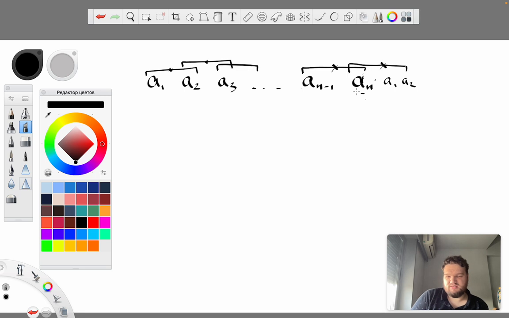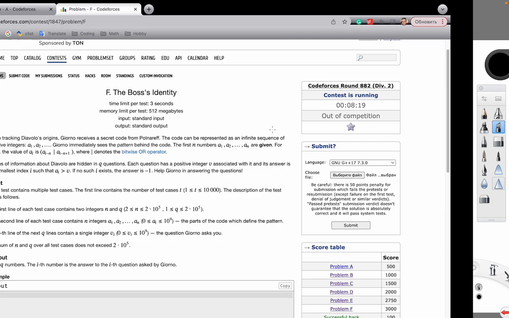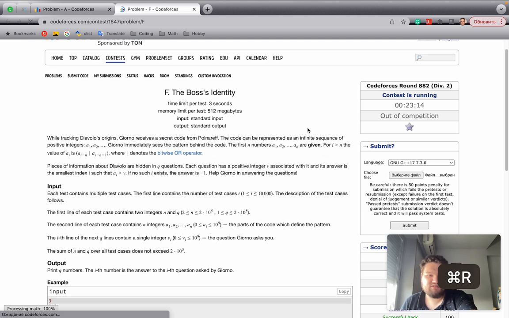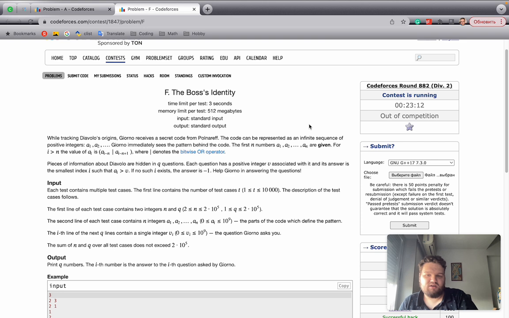So there are actually only n log c interesting segments, and we can find all of them, sort them by value, and then each query is just a lower bound.